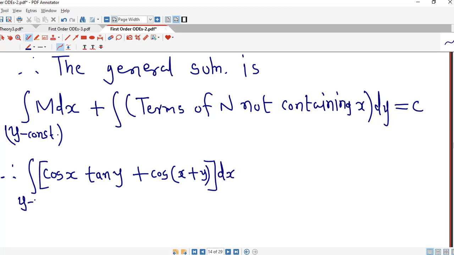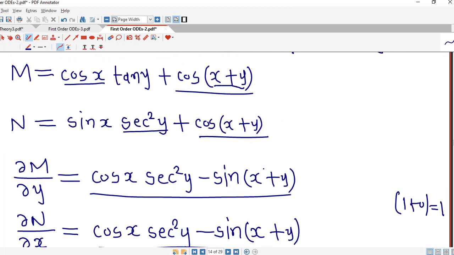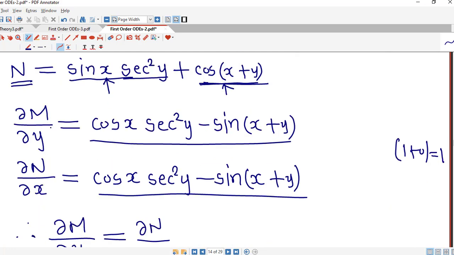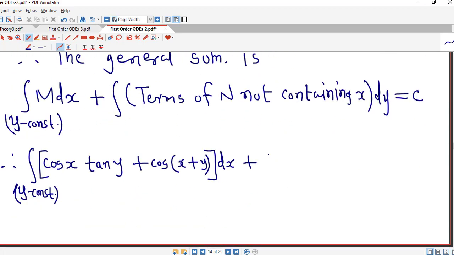While integrating with respect to x, we will treat y as constant, plus now we concentrate on capital N. There are two terms in capital N. Here we have sin x, so this term contains x. Similarly here also we have cosine of x plus y, so this term also contains x. So there is no term in capital N which is free from x. So we write down 0 here.